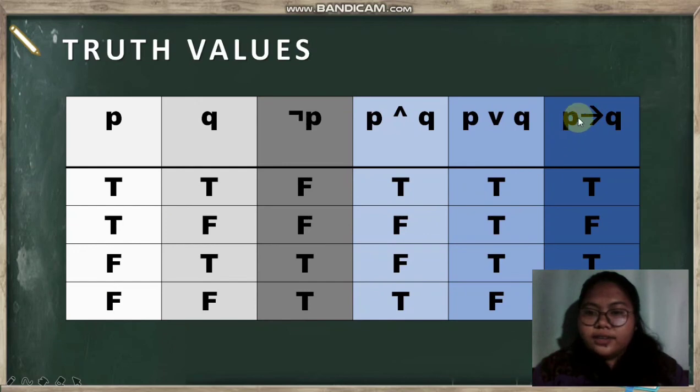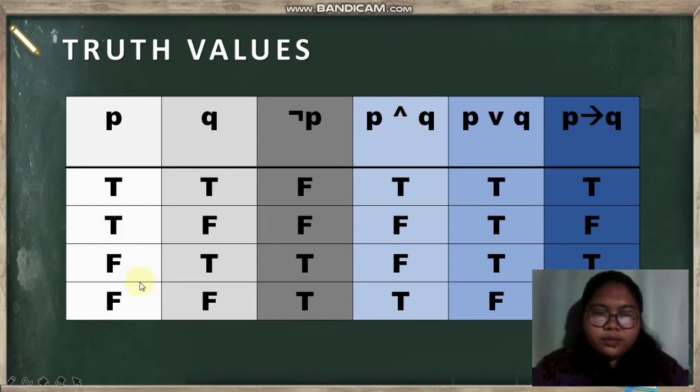Then the last one is P arrow Q, or if P then Q. If P then Q will be false only if a true statement is followed by a false statement. So if P and Q are true, if P then Q is true.